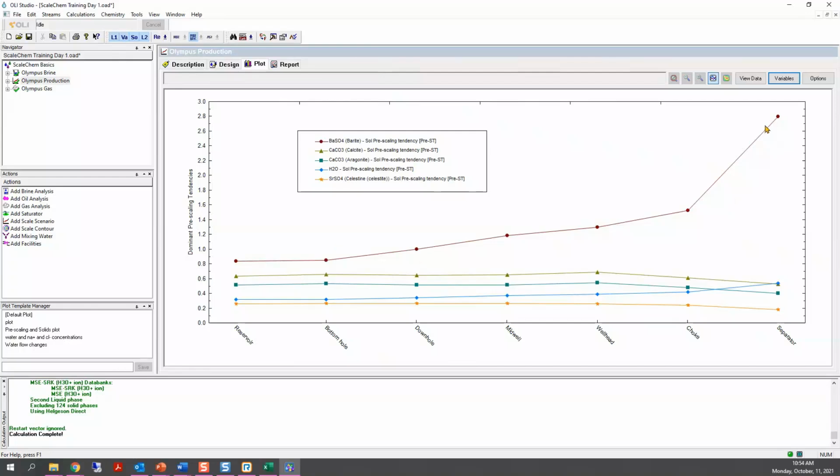If you had only the brine, you'll see that probably they are more or less the same scaling tendency values. But the calcite definitely had an impact on this supersaturation, on these scaling tendency values, because now we are equilibrating, or we are taking into account, that gas phase that we measured at the production, at the separator. Okay, so that is the gas.